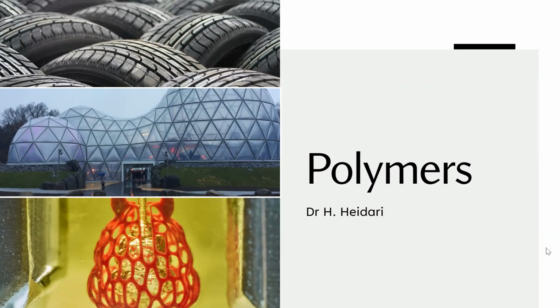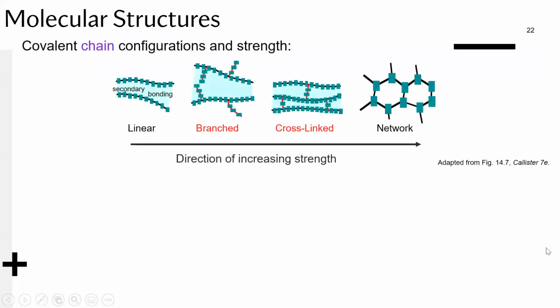So the last thing that we discussed in the previous lecture was how these polymer chains could be cross-linked laterally rather than longitudinally and along the main polymer backbone, but rather between these chains. So we have these primary bonds between monomers, and then we have these secondary bonds that can actually connect these long strands, these long polymeric chains together.